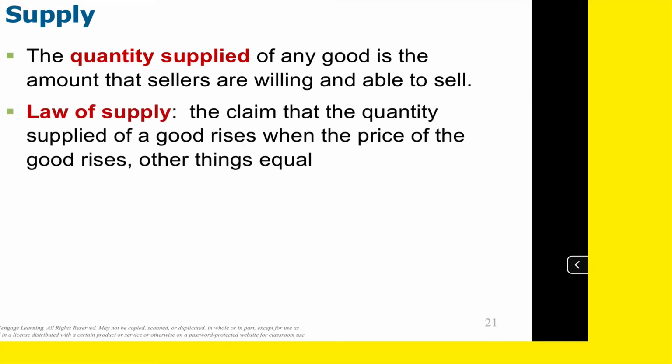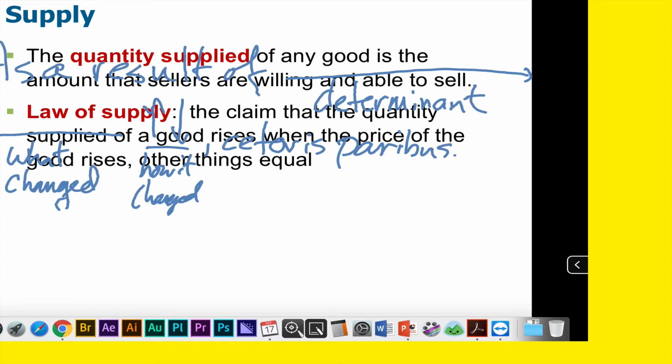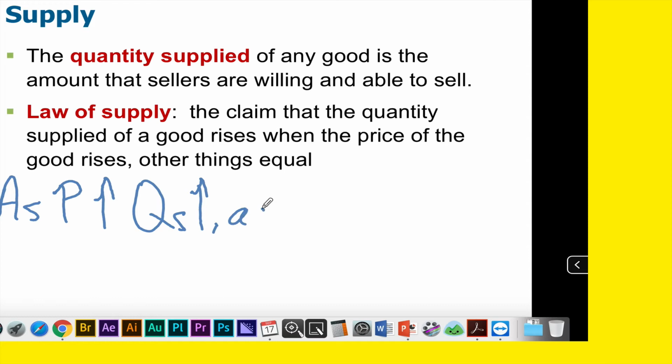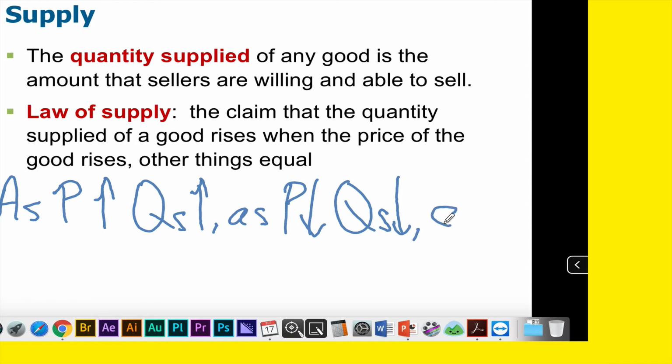So the law of supply. Think about it from the business point of view. As price increases, quantity supplied increases. As price decreases, quantity supplied decreases.